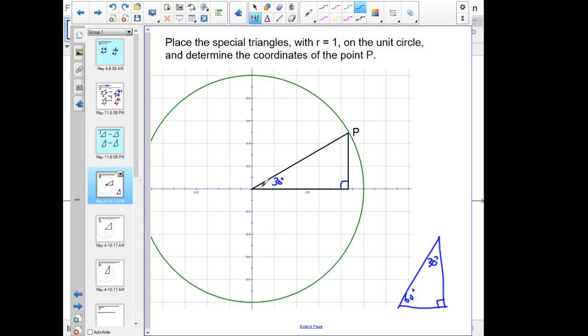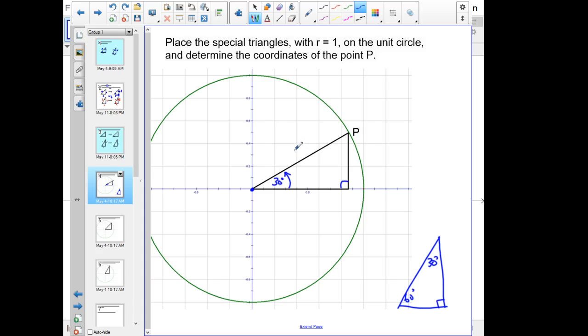And because we're now talking about angles in standard position, you can see that my initial arm is along the x-axis, and then I've got a terminal arm. So this triangle is representing a rotation of 30 degrees.